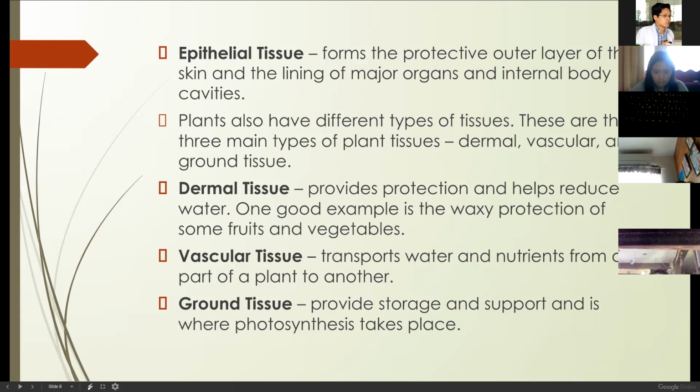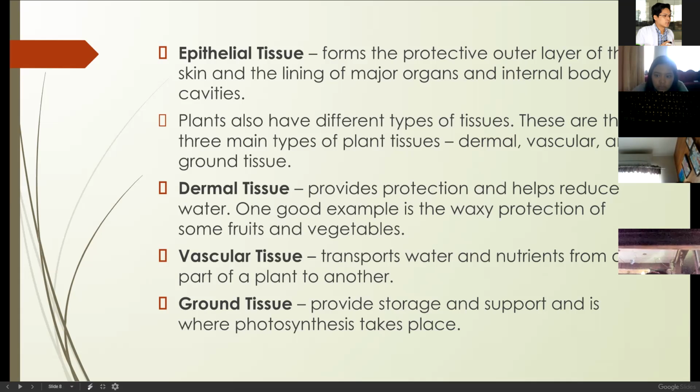Remember that your stomach contains pure hydrochloric acid. To prevent self-digestion in your stomach, meaning the stomach would be digested by itself, epithelial tissue is there to protect.